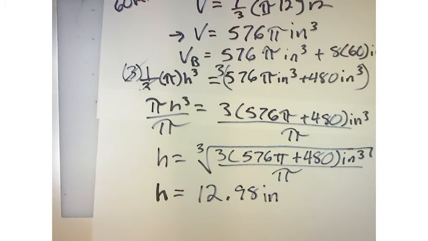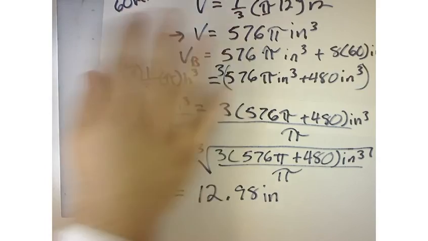Does that make sense? So how much does it actually grow in 1 hour? If it started at 12 inches and it's almost 13 inches after 1 hour, it only grows about an inch. Now how come they said the rate was 8 cubic inches per minute, but it only grew an inch?